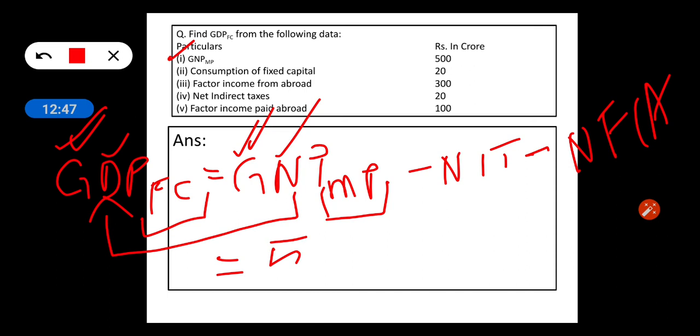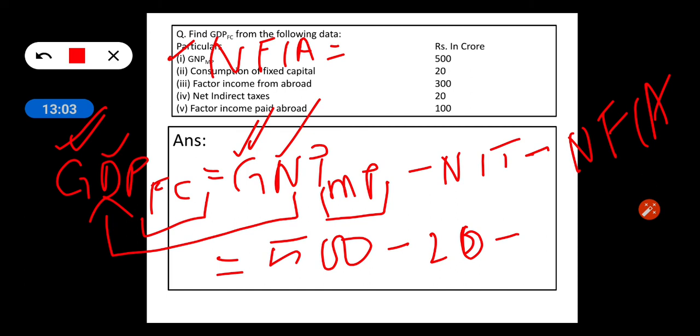GNP at MP value is 500, NIT is 200, and NFIA. Now, what is the formula of NFIA? Remember this. NFIA is equal to factor income from abroad minus factor income paid abroad. So what is your factor income from abroad?